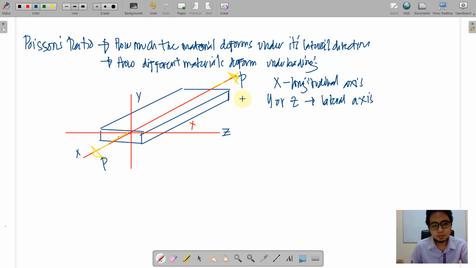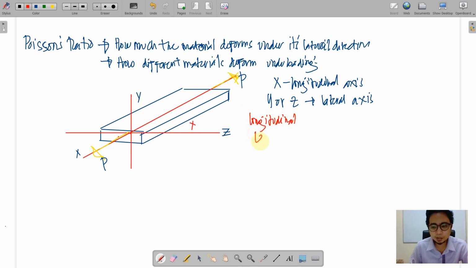So there will be two effects here. This is a condition wherein the force is tension or stretching the material. When it is compression, of course, it will shorten the material along the longitudinal axis and it will stretch the lateral axis.